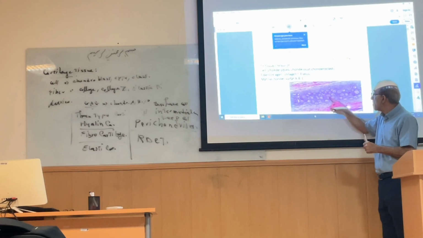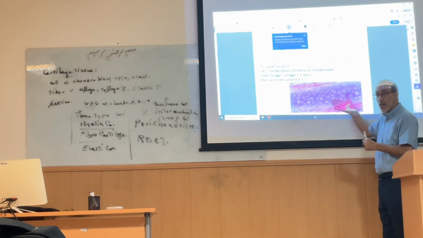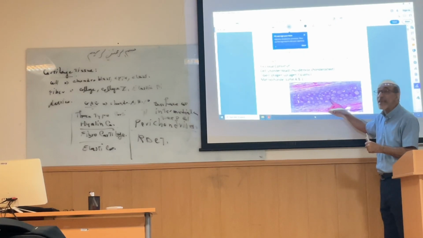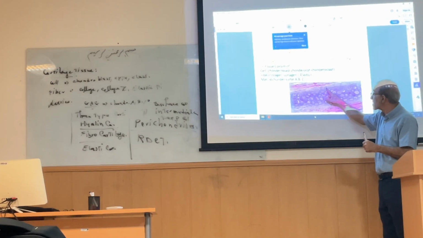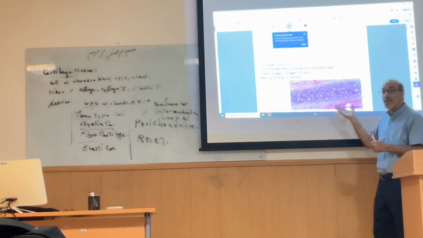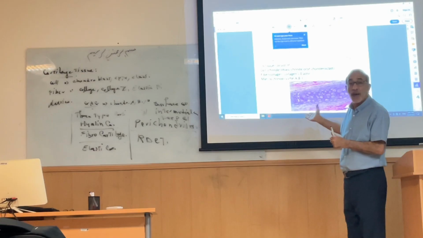If you see it in the middle of the matrix, it is chondrocyte. Chondroblast line, fibroblast line, mesenchymal line. Very good.